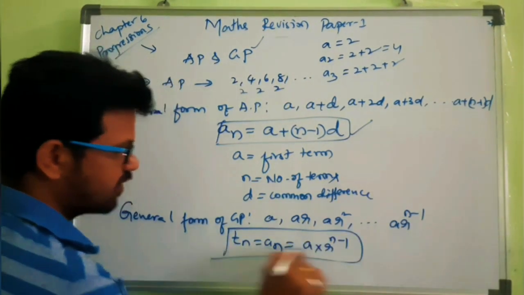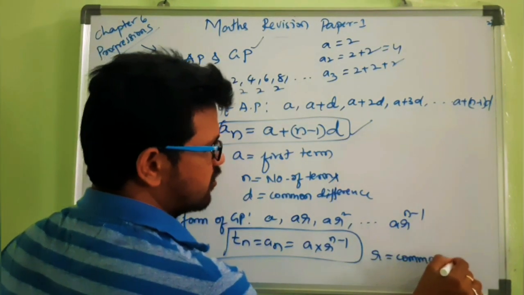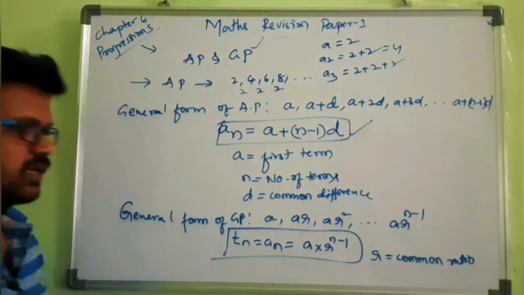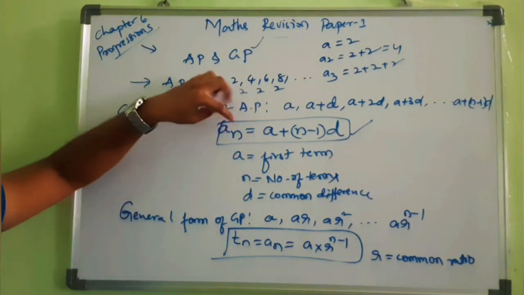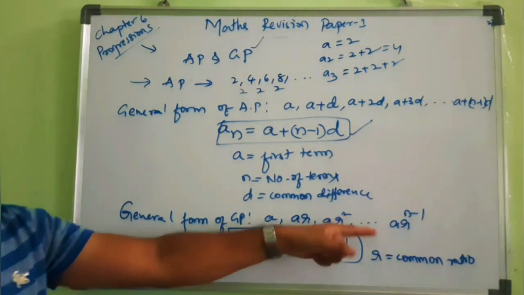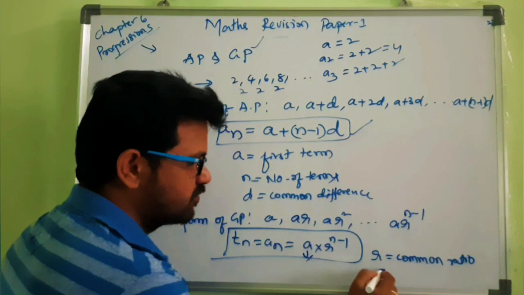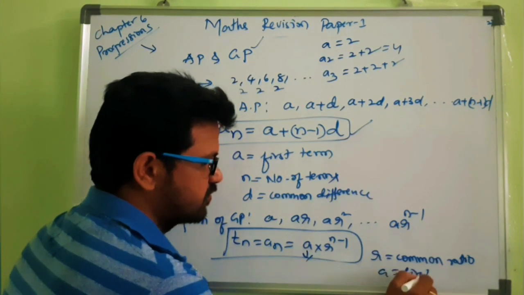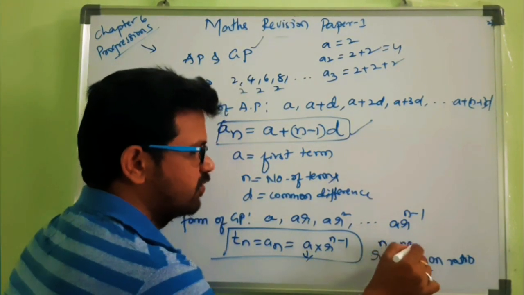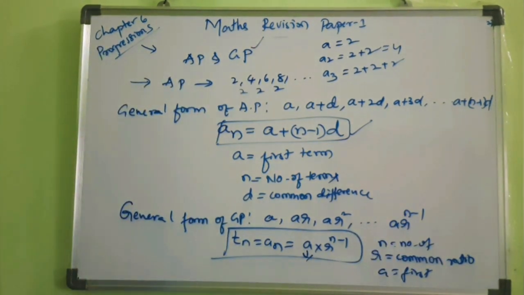What is R here? R is the common ratio. So the nth term in AP is A plus n minus 1 into D, and the nth term in GP is A into R power n minus 1. R is the common ratio, A is as usual the first term, and n is the number of terms.